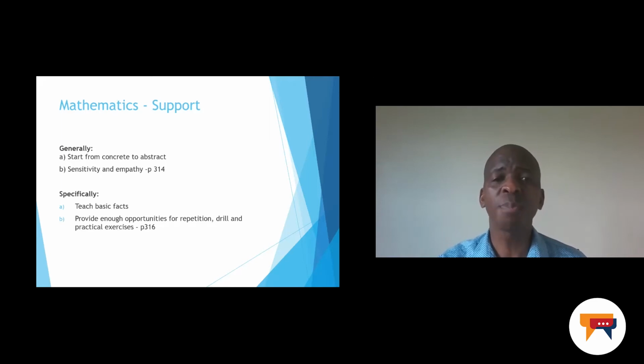So this is a specific support. In other words, the drill and repetition are important, but for specific children, you do that as a teacher because you are giving a specific support. It's not something that you can do for every learner you are teaching mathematics. Some learners will not need this kind of support.